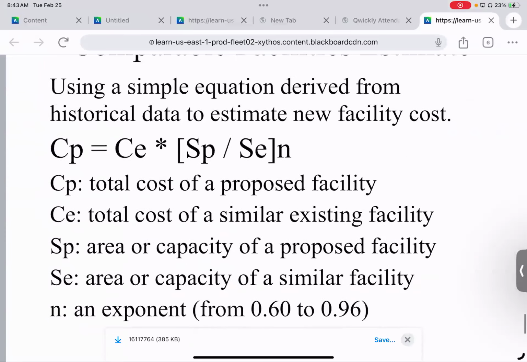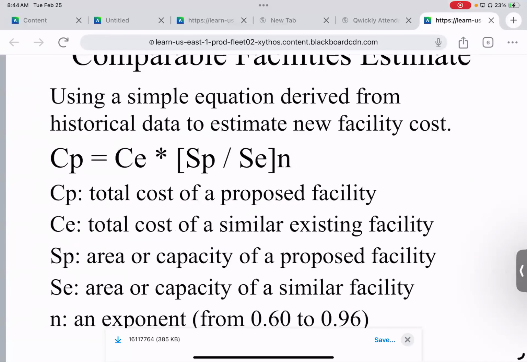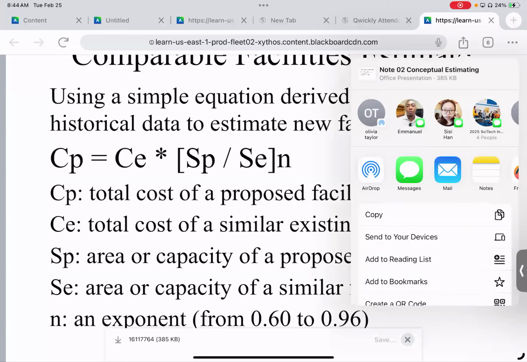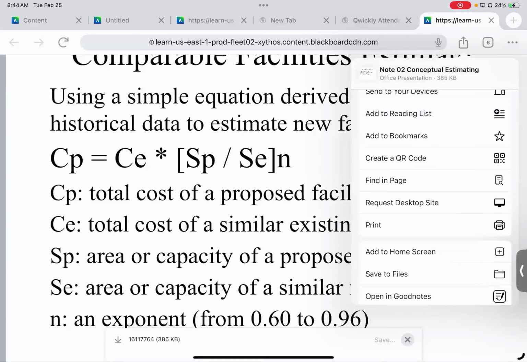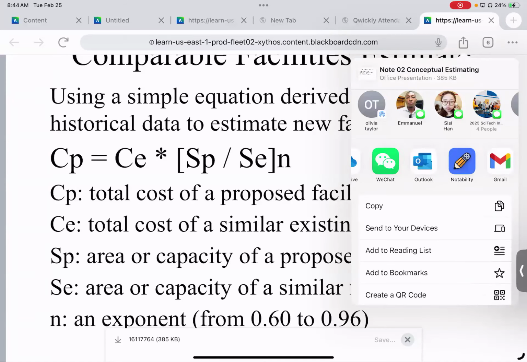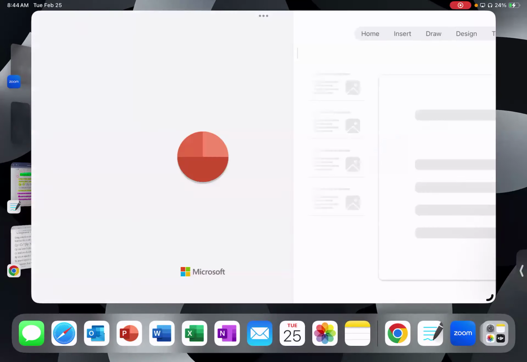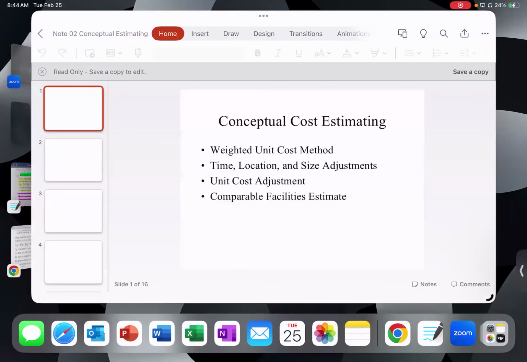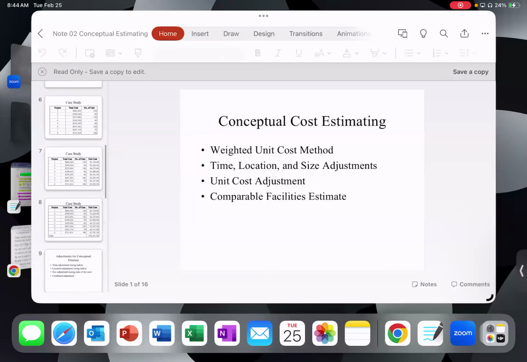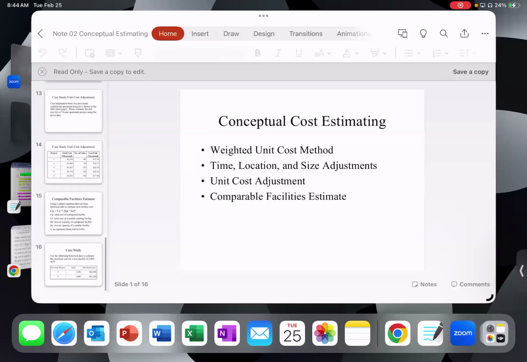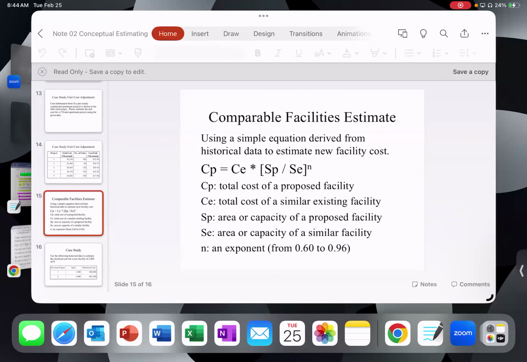Maybe it's better we download this one. Just make sure that N is a power, not times N.